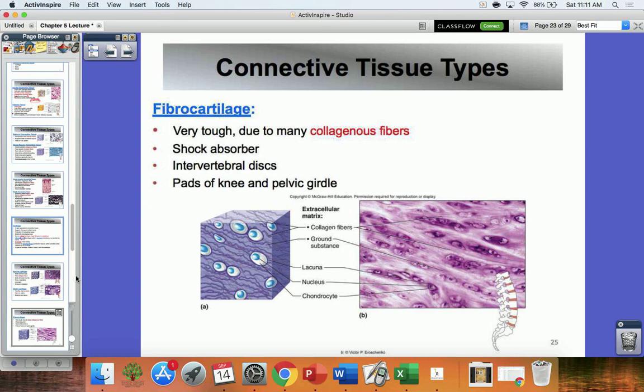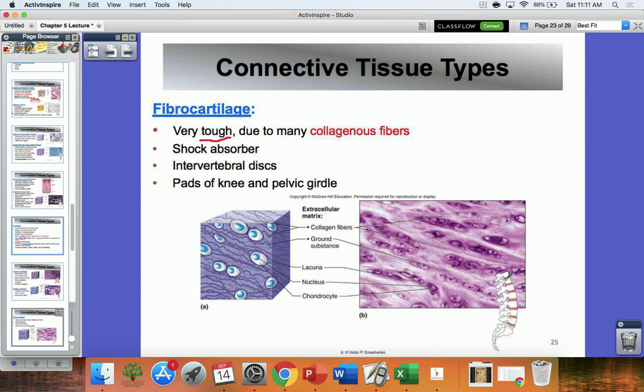And then the last type is our fibrocartilage. Fibrocartilage has many collagen fibers, which means very, very tough. And so we also have cartilage, again, between bones, but specifically in this one, between the vertebrae.